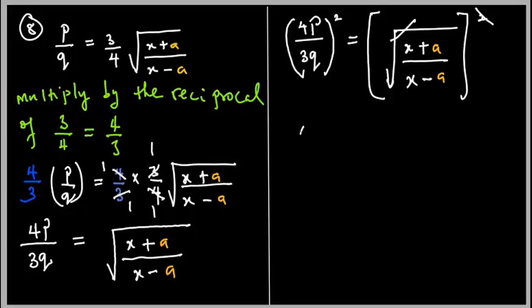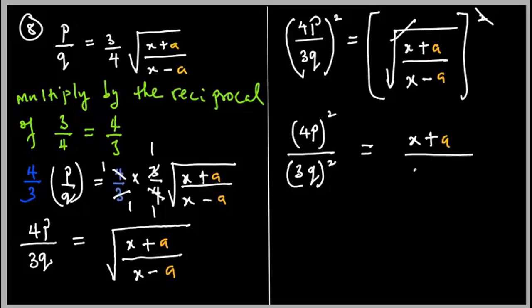We have 4p over 3q all squared simply means 4p all squared all over 3q all squared. And then we now have x plus a showing up all over x minus a also showing up.